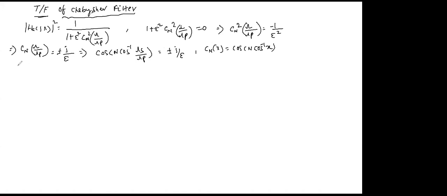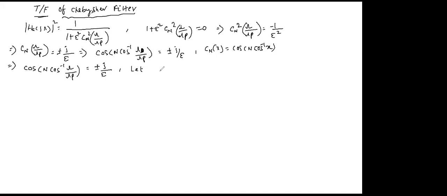Or we can write like this, cos of n cos inverse of ω by ωp equals plus or minus j by epsilon. This is not ωs, sorry, it is simply ω only.